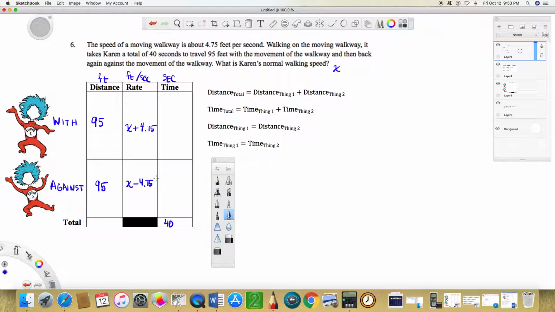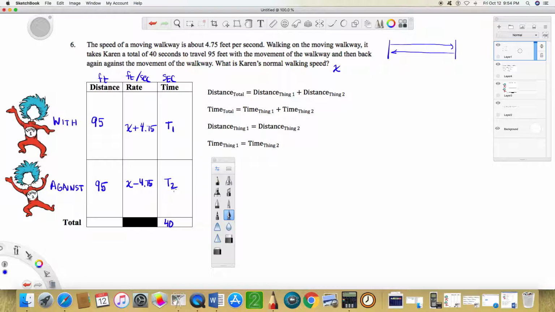All right. Now, here's the start of it. Here's 95 feet. She's walking here and then turning around and coming back. And that total time, that round trip total time, was 40 seconds. But I don't know how long she was walking with the walkway and how long she was walking against it.